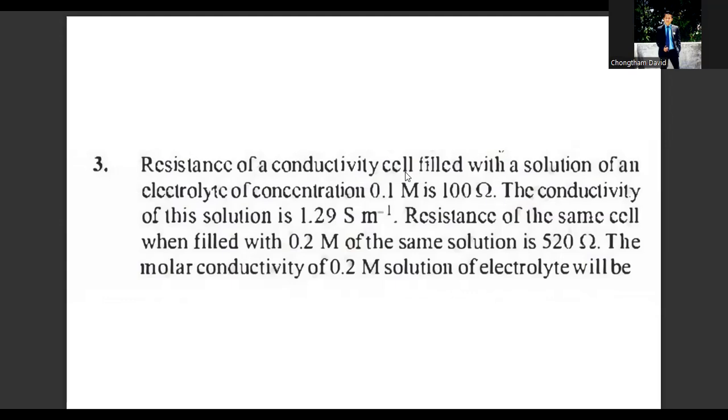Resistance of a conductivity cell filled with a solution of an electrolyte of concentration 0.1 molar is 100 ohm. The conductivity of this solution is 1.29 Siemens per meter. Resistance of the same cell when filled with 0.2 molar of the same solution is 520 ohm. The molar conductivity of 0.2 molar solution of the electrolyte will be.